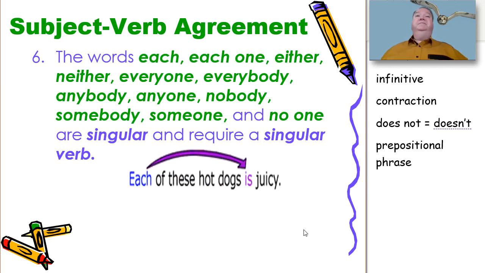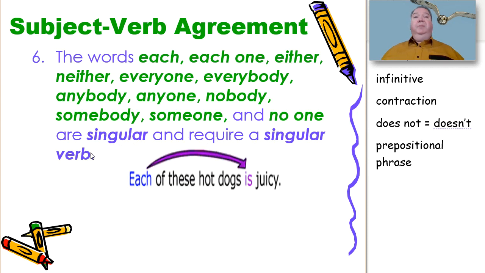Okay, number 6. The words each one, either, neither, everyone, everybody, anybody, anyone, nobody, somebody, someone, and no one are considered singular, and they get a singular verb.